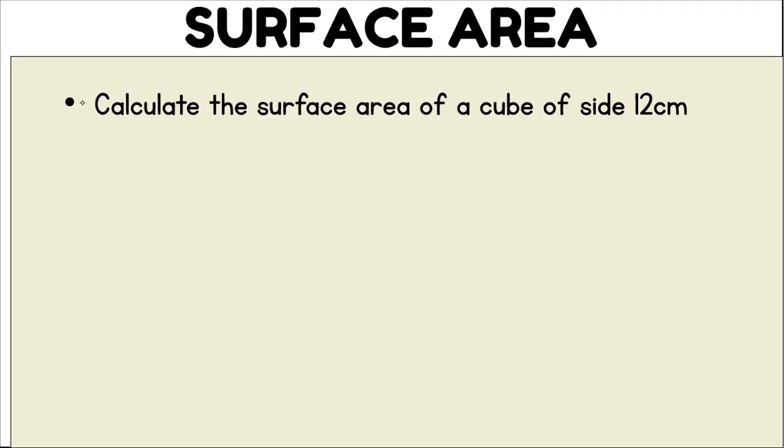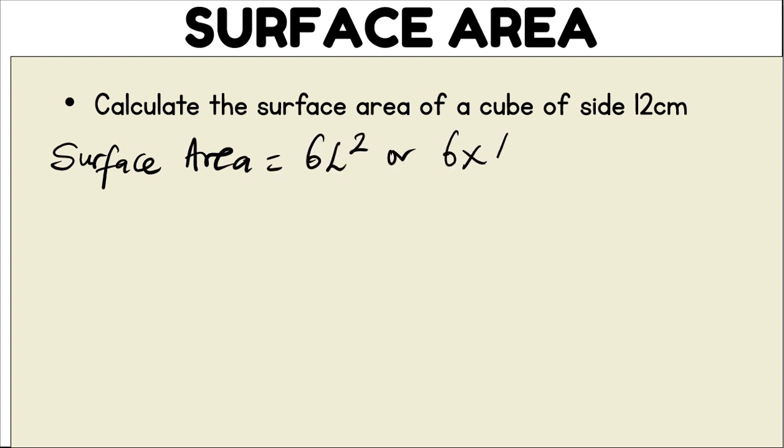Alright, so let's solve this question together. We should recall that surface area is equal to 6 length square, and this can be written as 6 times length times length.